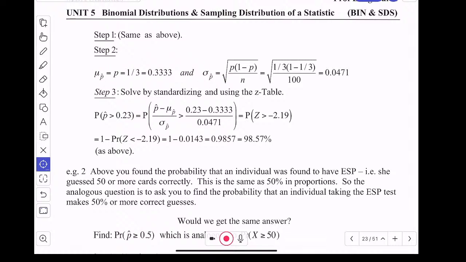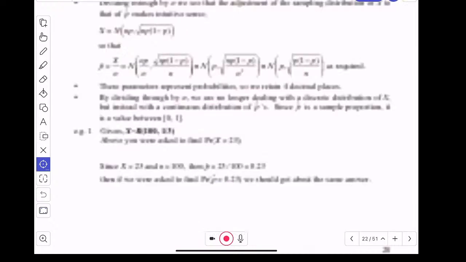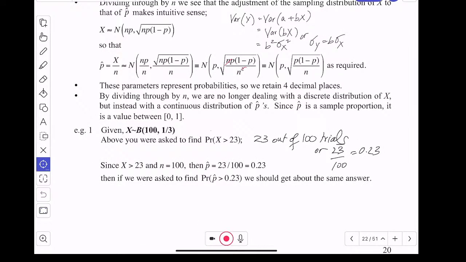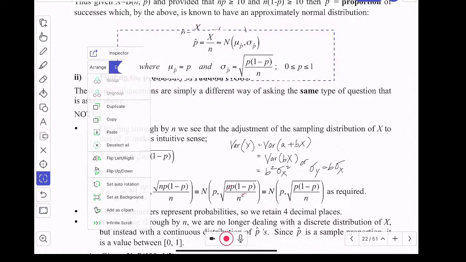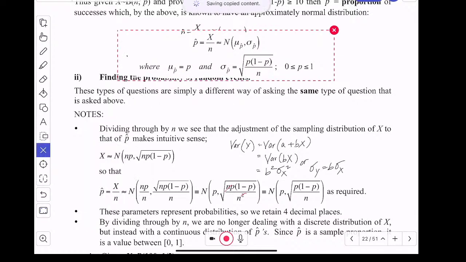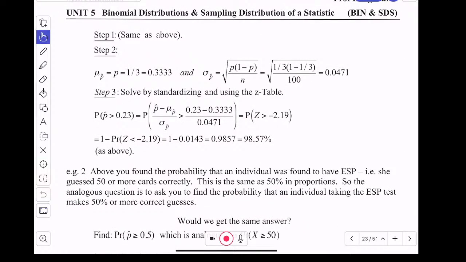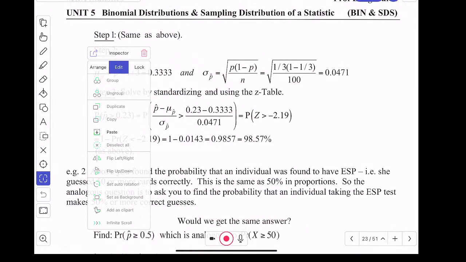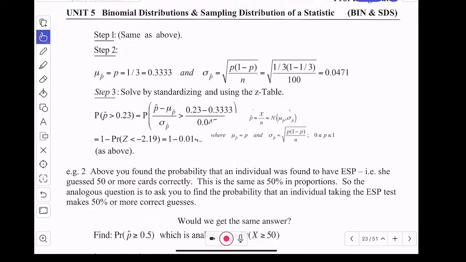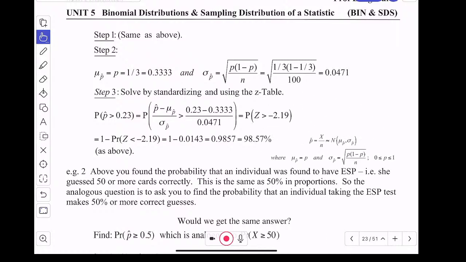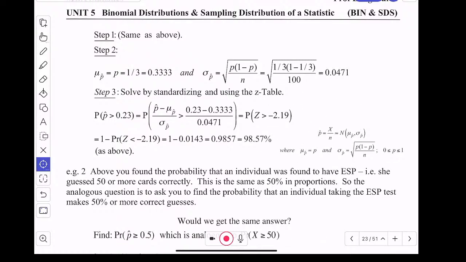Now from the formula, or from what we learned, let me grab that from here. I want to use this property, so I'll make it bigger.